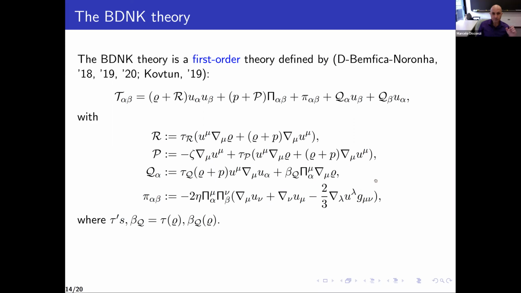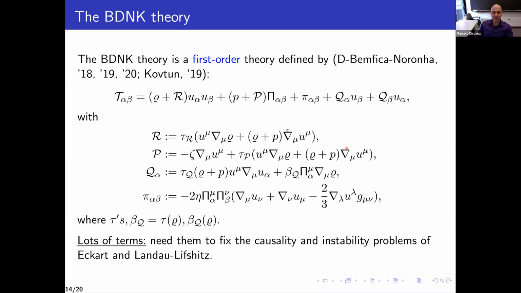Now, this is a first-order theory, so notice that all the viscous fluxes are given by some expressions involving the density and the velocity. Of course, the expressions are complicated. This is not the kind of thing that you just wake up one day in the morning and guess. I'm going to tell you later on where it's coming from. But first, I want to do the following. Let me first assume that this is given and tell you what we can prove with that, and then I'll tell you where this is coming from.